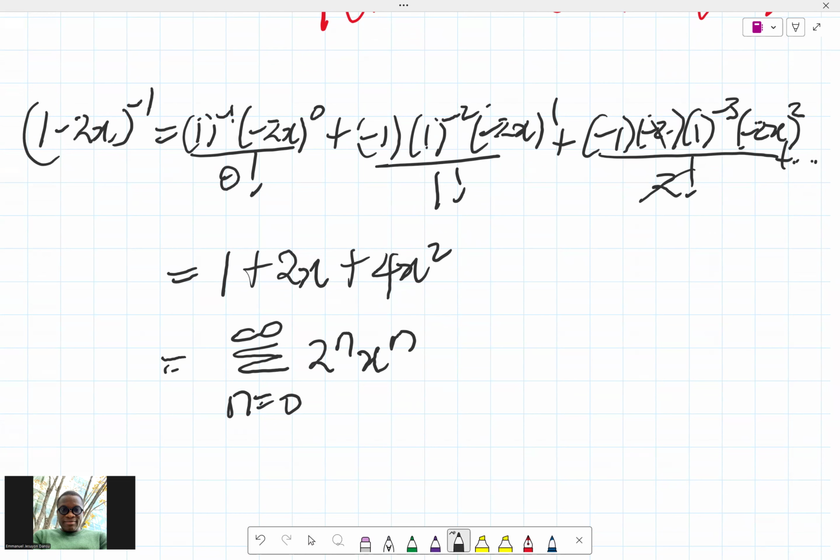When n is 2, you have 2 raised power 2, x raised power 2. This is more like 2 raised power 0, x raised power 0, plus 2 raised power 1, x raised power 1, plus 2 raised power 2, x raised power 2, you know, and so on and so forth. And that is why we have this summation right here. I guess I need to clean that up to really drive home that point.